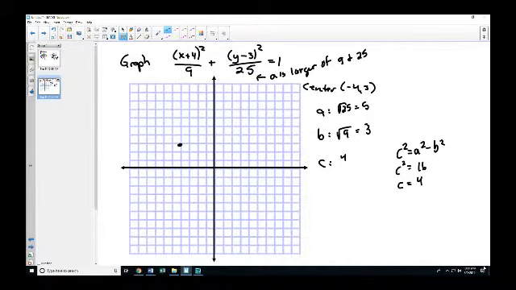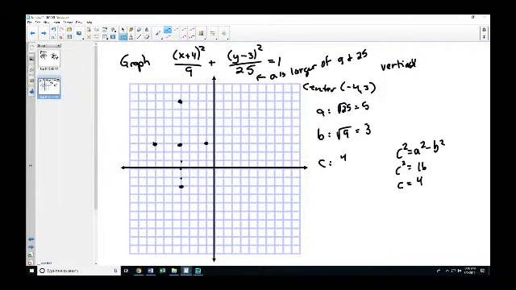Okay. This is a vertical ellipse. A is the major axis length, correct? So 1, 2, 3, 5. Vertices. B is 3.